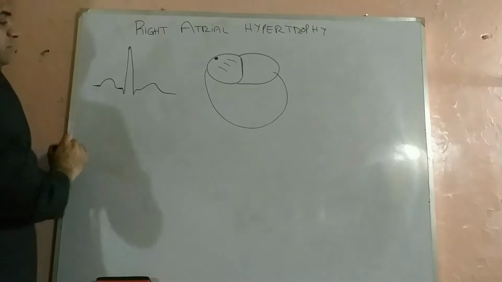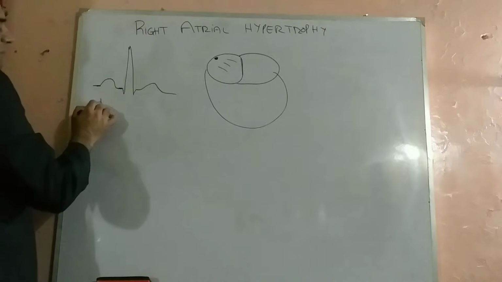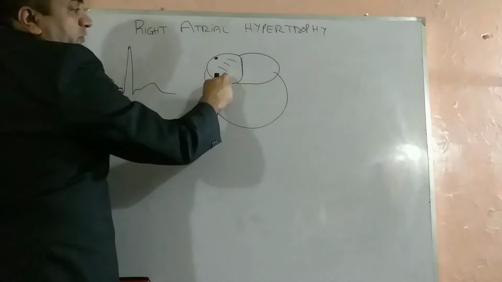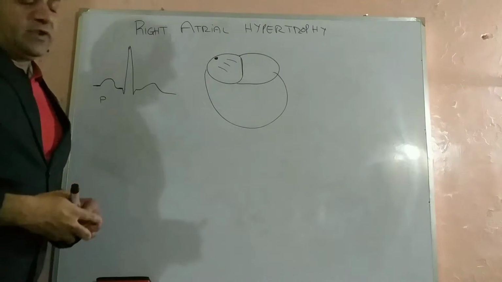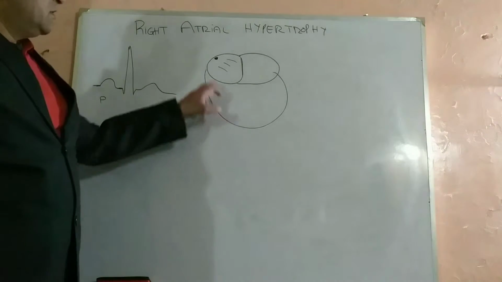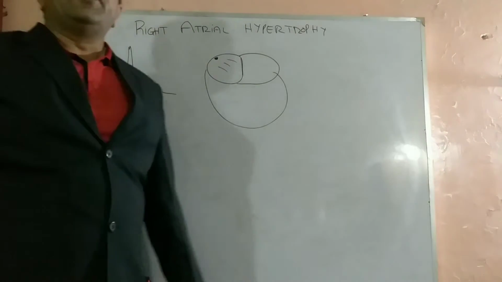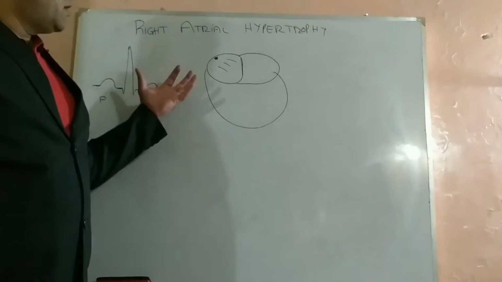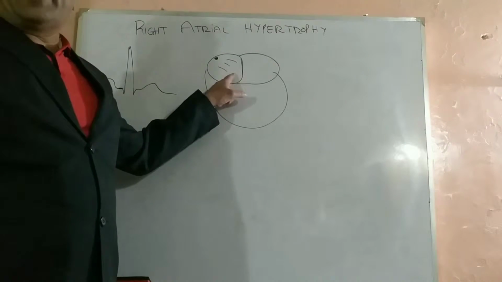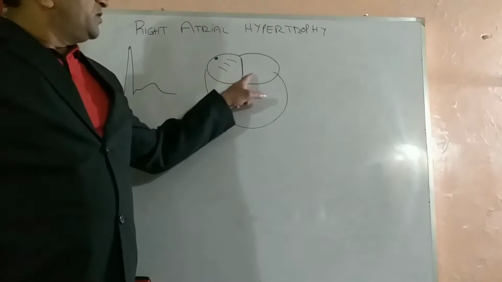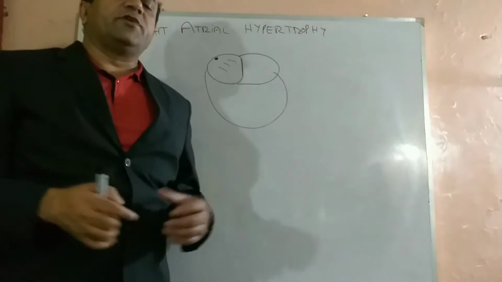Now this is the P wave, and it is generated by depolarization of the right and left atria. There is a very important point: because the SA node is located in the right atrium, when it automatically fires impulses, it causes depolarization of the right atrium before the left atrium.